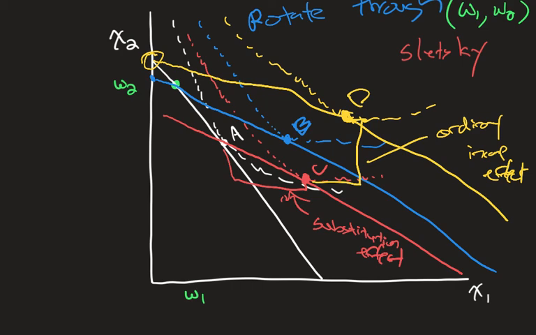And then the last bit, this movement from D to B, you're consuming less of each good. Why do you do that? Because you're poor. That is your endowment income effect.